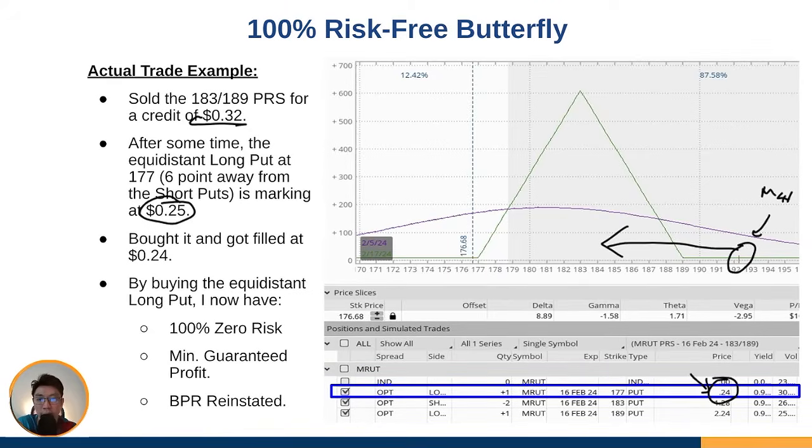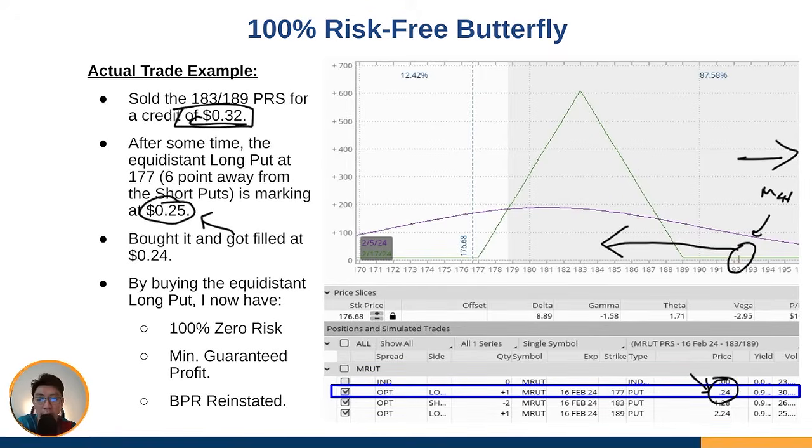So let's say, for example, you put on the put ratio spread and the market stays above around here at this point, or maybe the market goes up. If you did not actually buy this long put for 25 cents, then you would have gotten the full 32 cents in terms of the premium you receive upfront, right? So it's a $32 profit for you upfront.